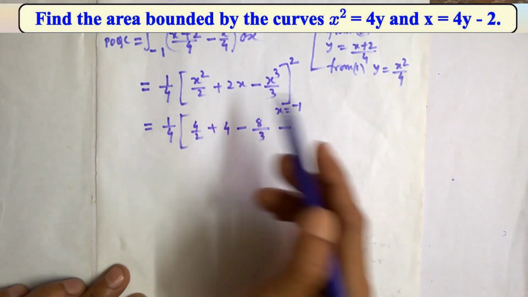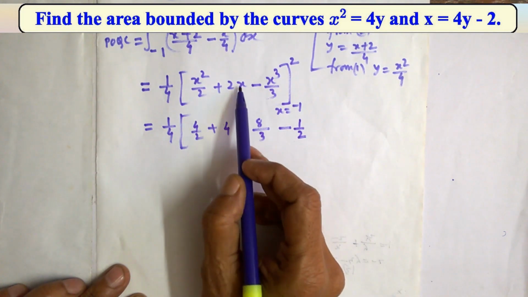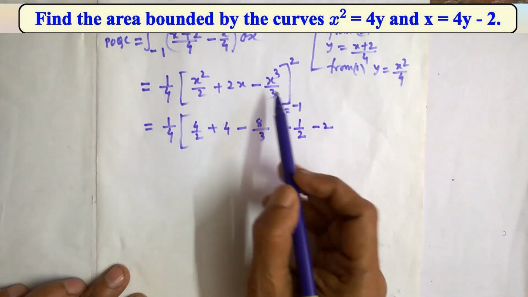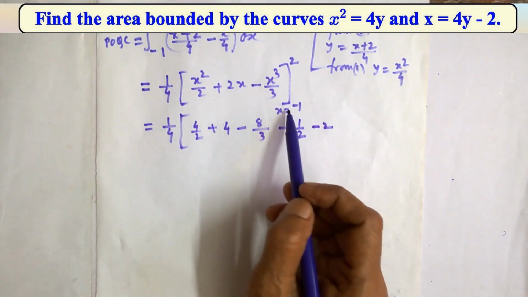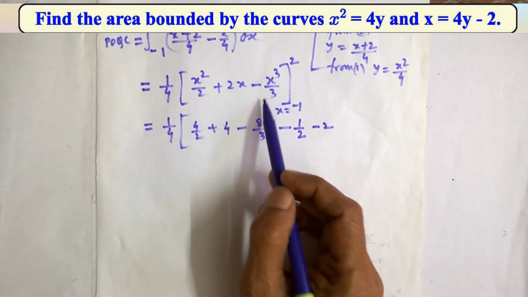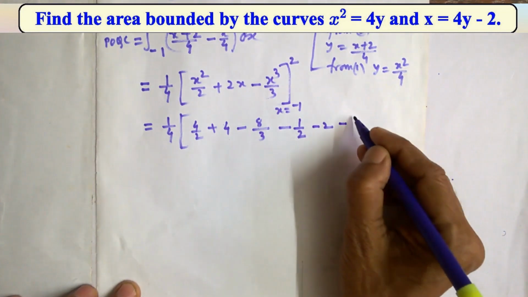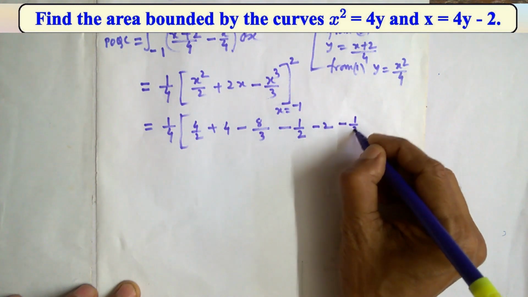Minus 1 square means 1, so minus half. Replace x by minus 1, minus 2. Whenever x is replaced by minus 1, x cube will be minus 1, minus minus plus, another minus, finally minus 1 by 3.